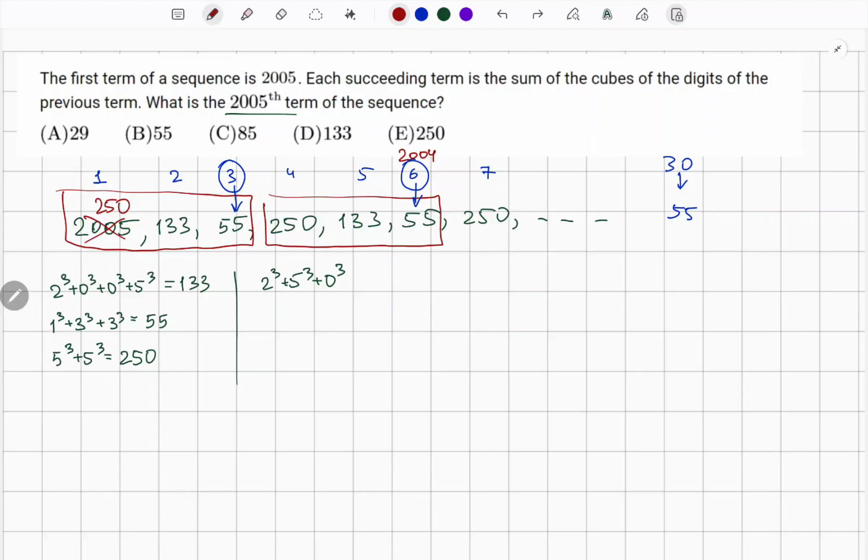So I know this term, as all other multiples of 3, is 55. But I need the next number, 2005. The next number, as you can see in this row of numbers, is 250. That's it. So it's similar to what we did in the previous question, with just slight changes.